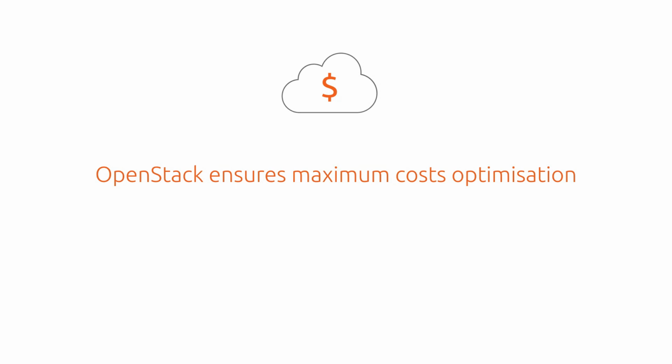It is very much relevant for the heads of infrastructure departments who have their dedicated budget for running their infrastructure and have to make careful decisions about where the organization's workloads are going to run. So OpenStack ensures this maximum cost optimization.